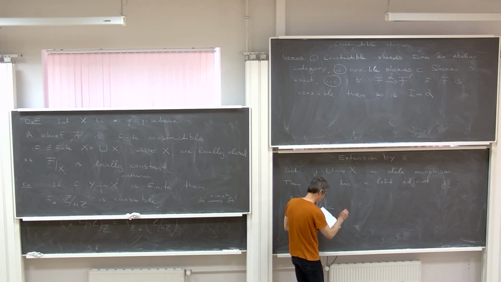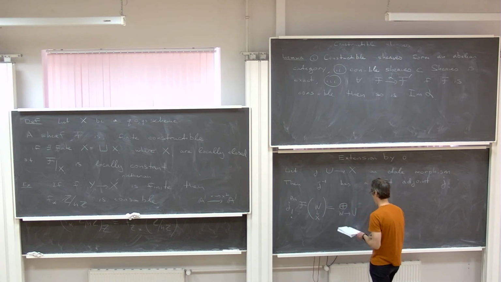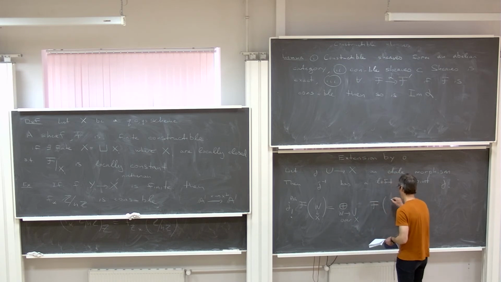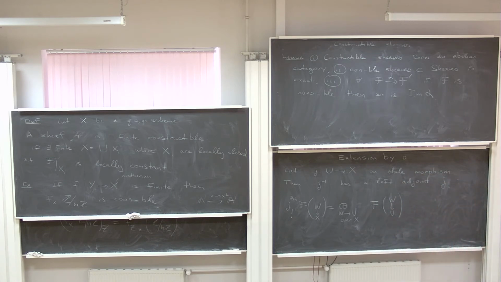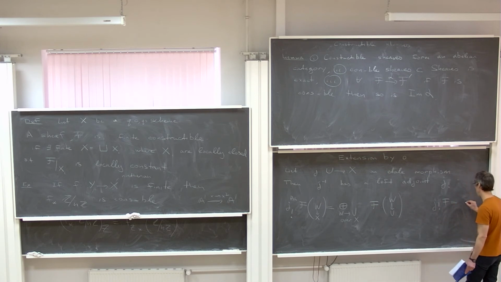The sections are going to be the direct sum over all W mapping to U over X, and here I will have simply F of W to U. That's a presheaf. And j lower shriek of F is defined to be the sheafification of the presheaf I defined over there.